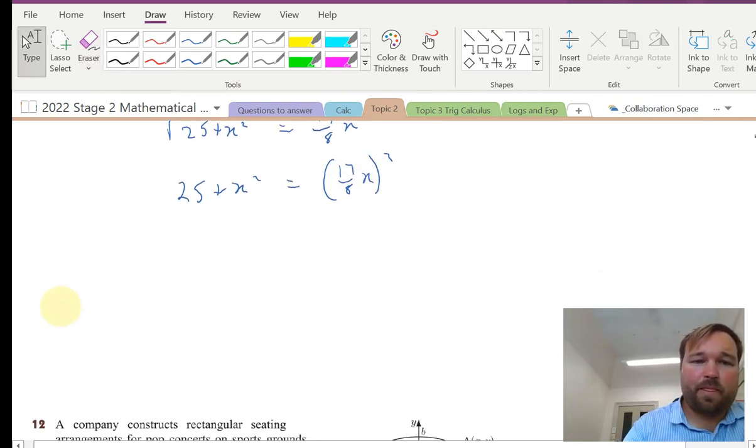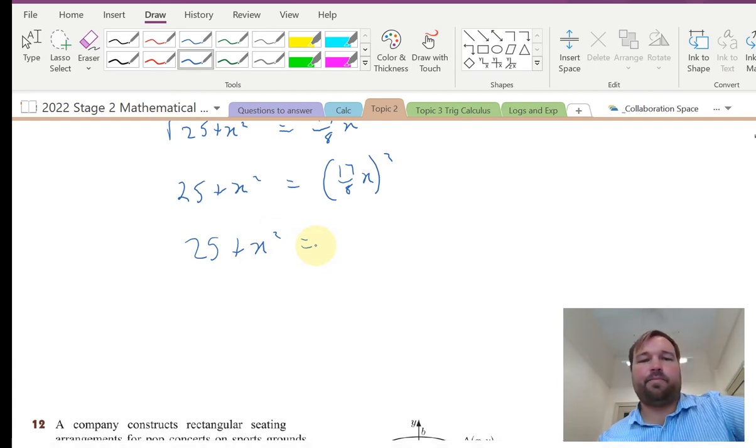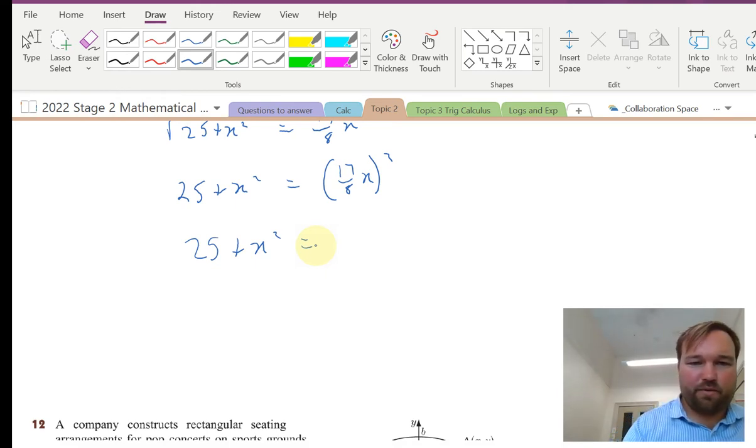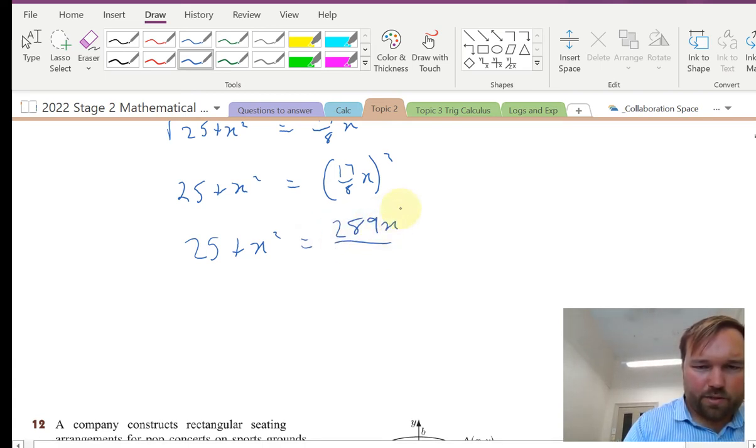Pretty savage. 25 plus x squared equals 17 squared on 8 squared x squared. Ugh, grab a calculator. The whole point of this is not to do a calculator. 289 on 64. 289 x squared on 64.